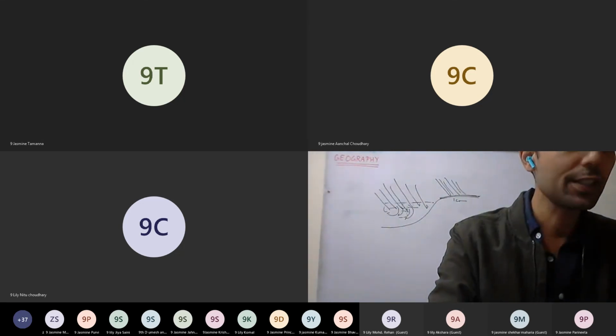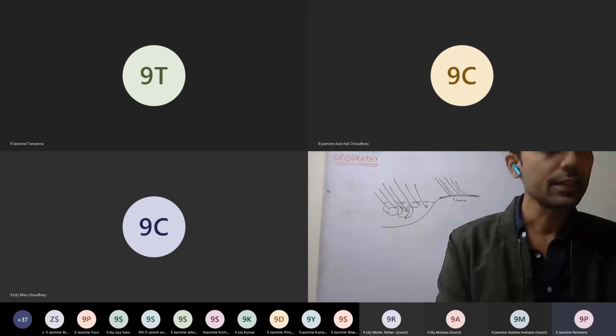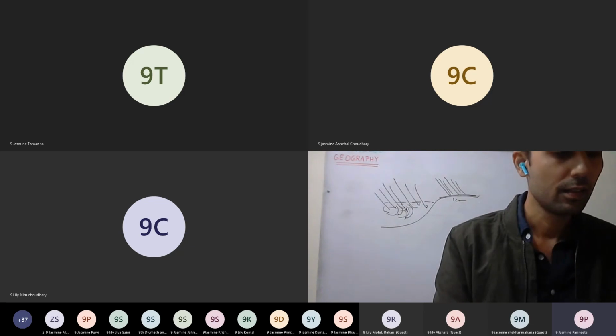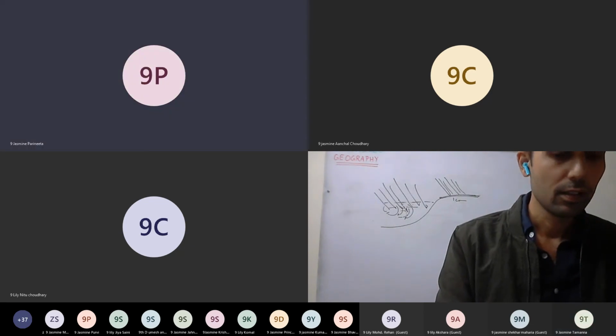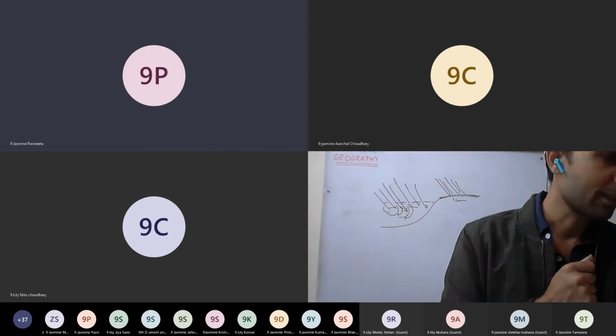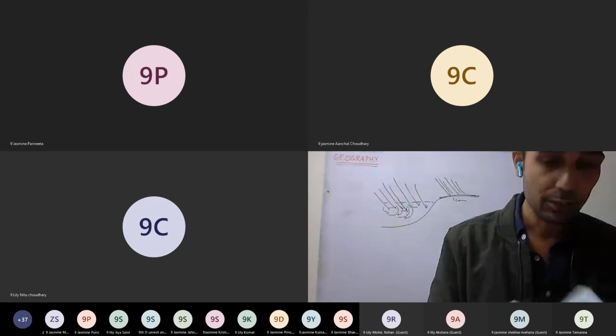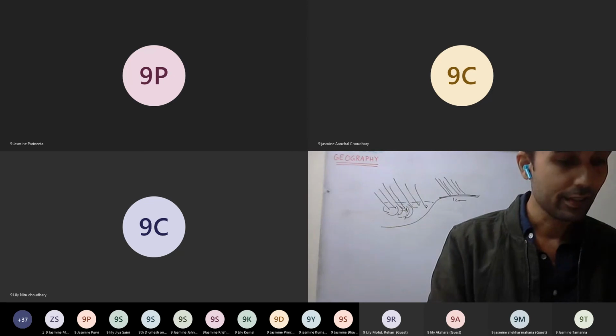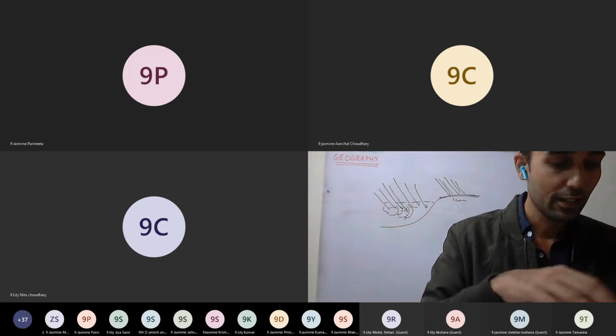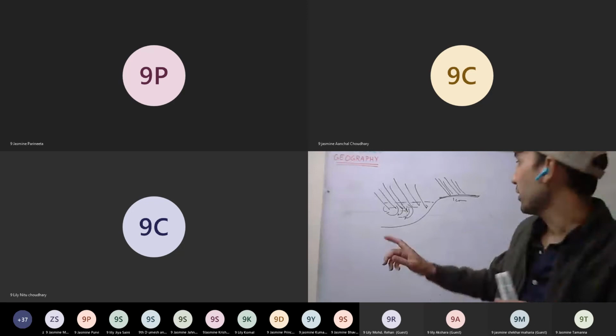Now you can write this question in your own words. Sir, can you tell where the answer to this question is? Okay, it's not written much in our book. So mainly it is due to the difference of specific heat capacity.